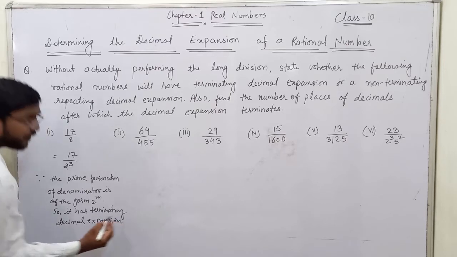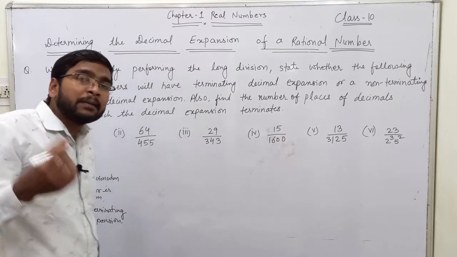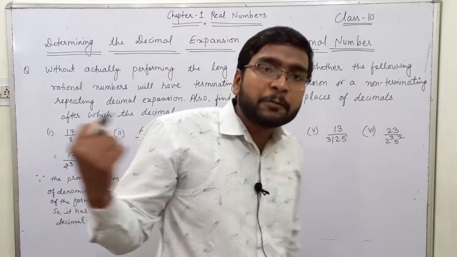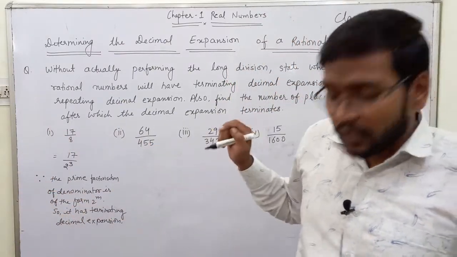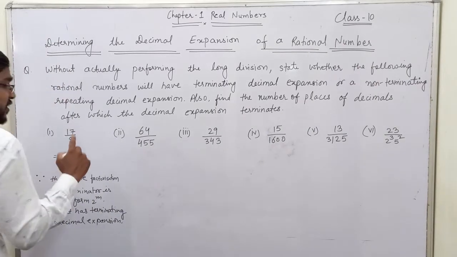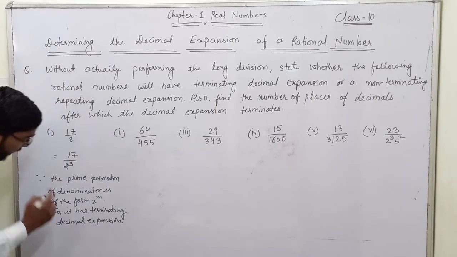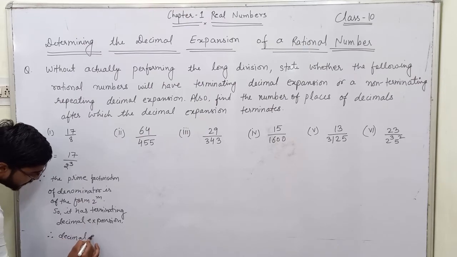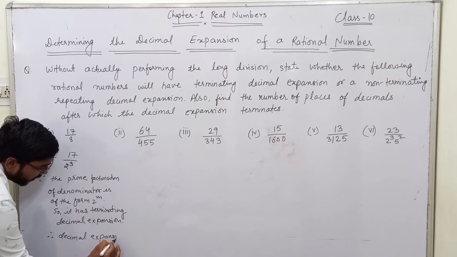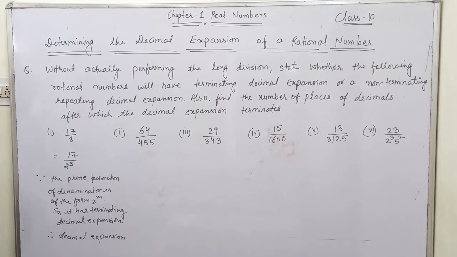And after how many digits will its decimal expansion terminate? The highest power of 2 is 3 and we do not have the power of 5, which means the power of 5 is 0. So the decimal expansion will terminate after 3 digits.